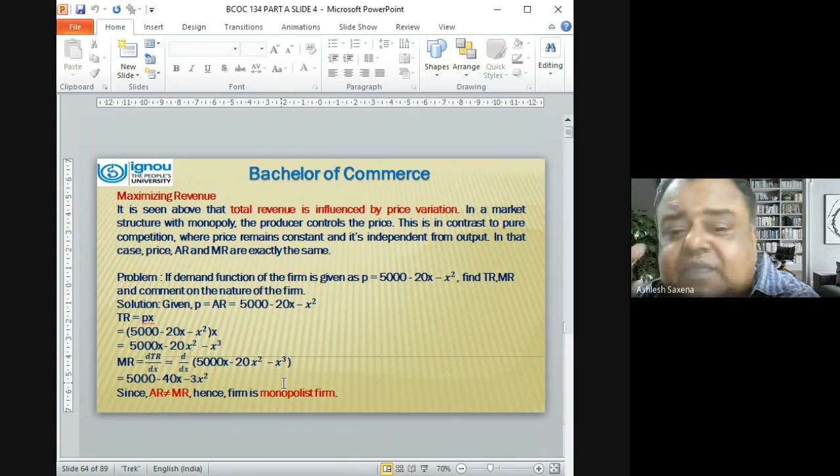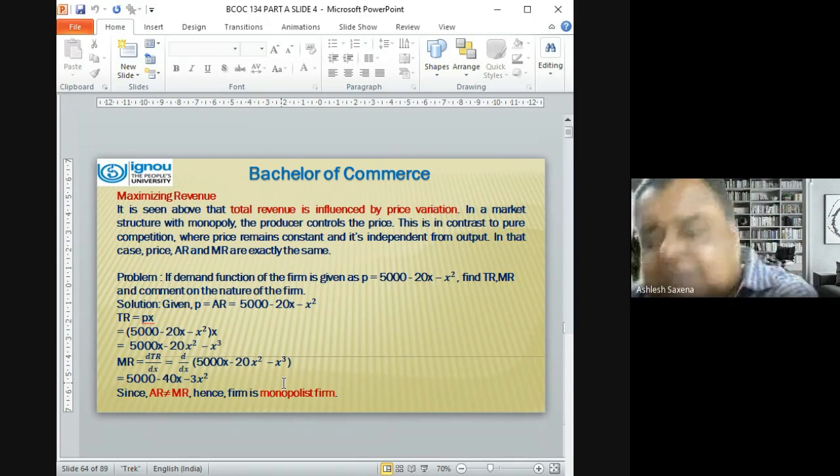Now, if the demand function of the firm is given by P is equal to 5,000 minus 20x minus x squared, then you are being asked to calculate total revenue and marginal revenue, and we have to comment on the nature of the firm. Now see, P is average revenue, 5,000 minus 20x minus x squared.